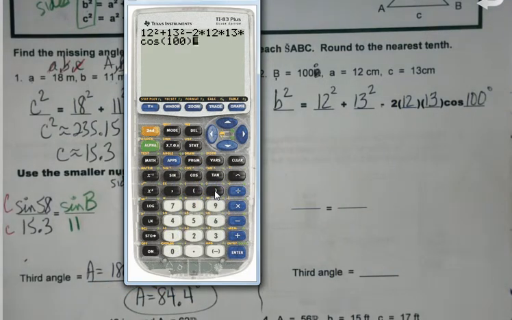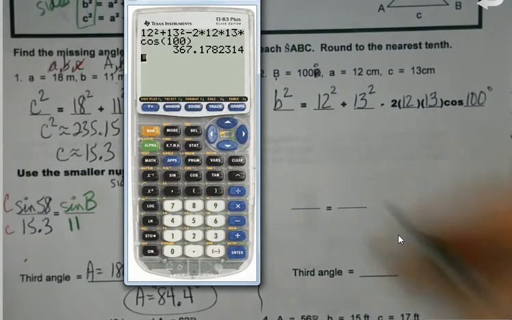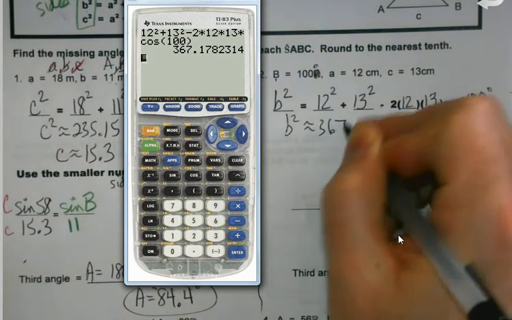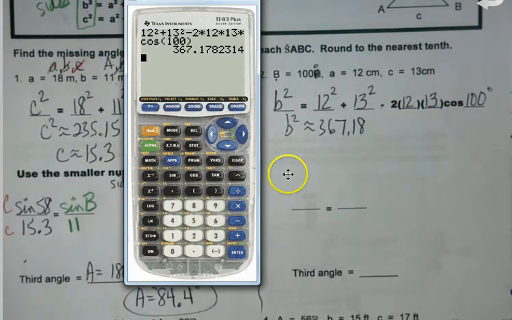And if you're not using one of the calculators that we've got here, you can absolutely do this on any scientific. You just type the whole line in. And once you get that typed in, remind yourself that's not the answer, because I still need to square root what I have.